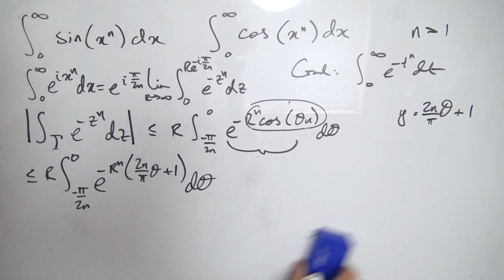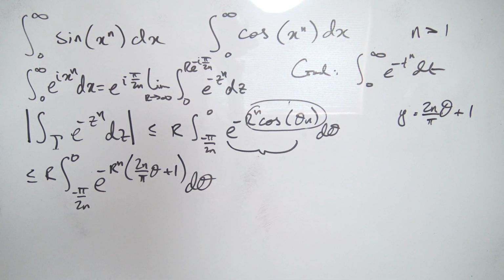Alright, very fine. And now notice that this is extremely easy to integrate. Of course, we do have a bunch of random constants flying around everywhere, but this is easy to anti-differentiate because we just have e to some linear function in terms of theta.